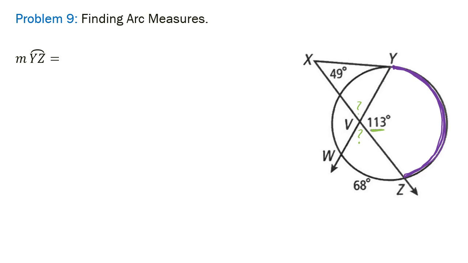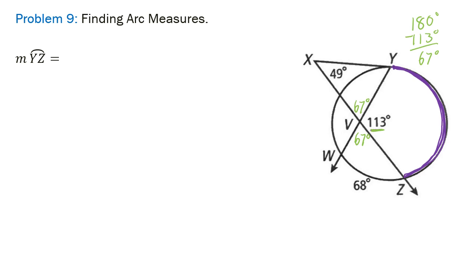So the other part would have to be 180 minus 113, which is 67 degrees. So this right here is 67 degrees. And because of vertical angles, I know this right here is 67 degrees.